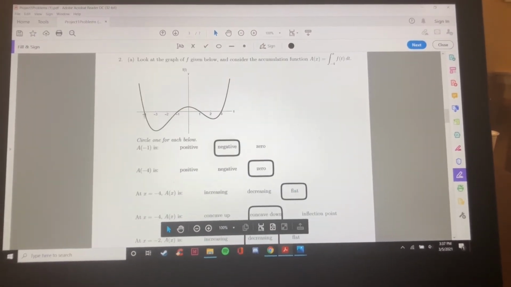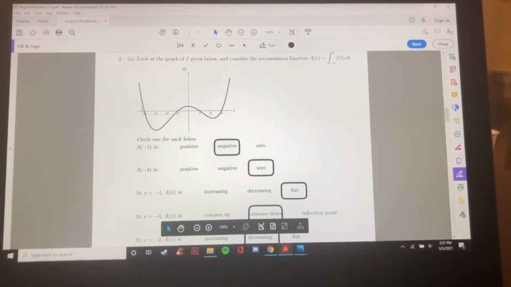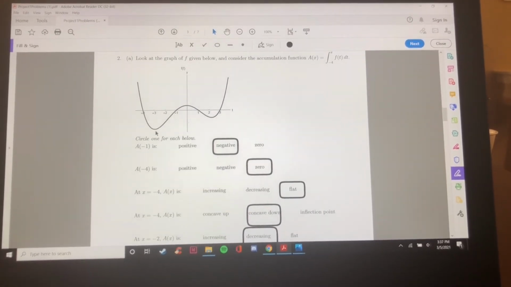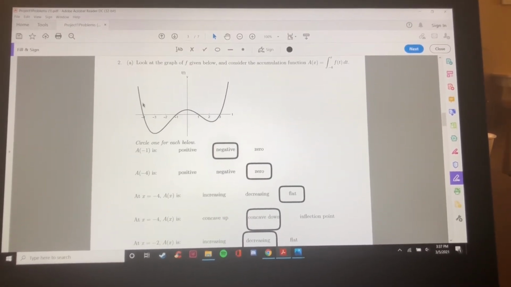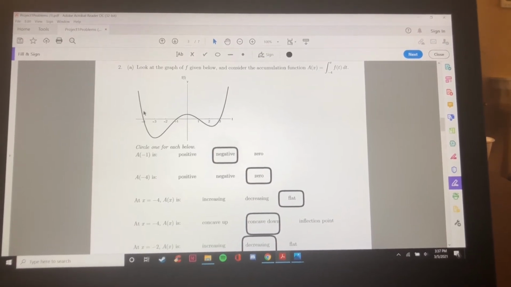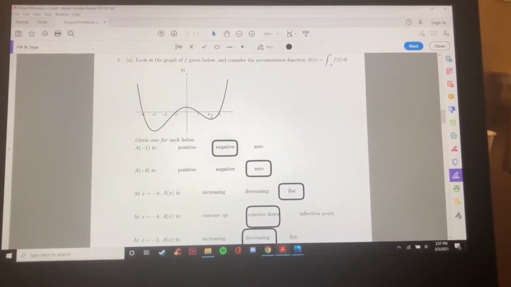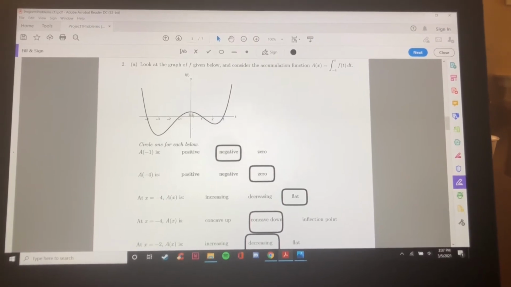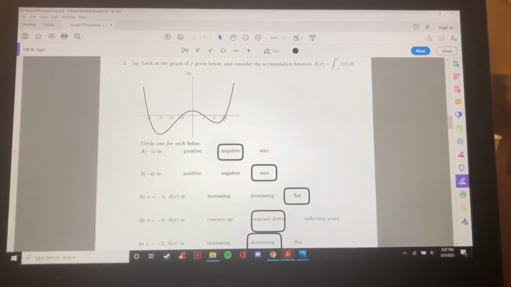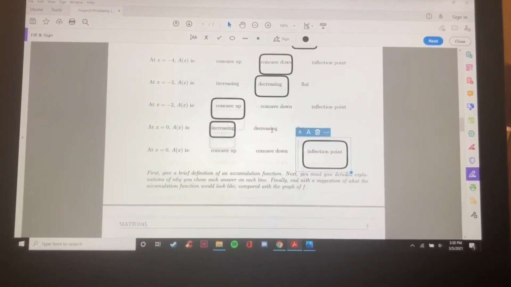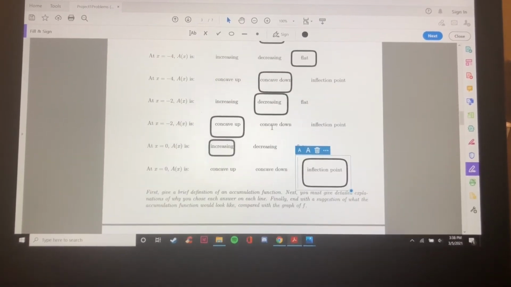And that's just by looking at the different points on this graph, noting where it switches from increasing to decreasing and positive to negative. And that's it for part A.